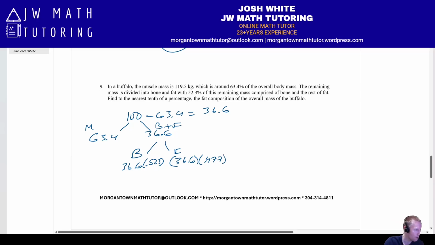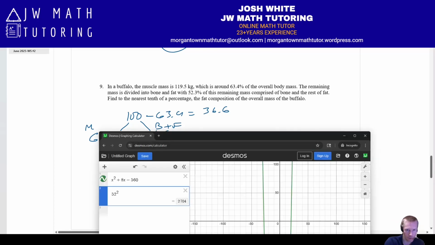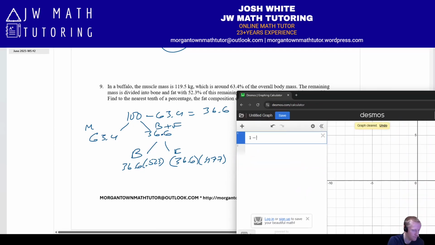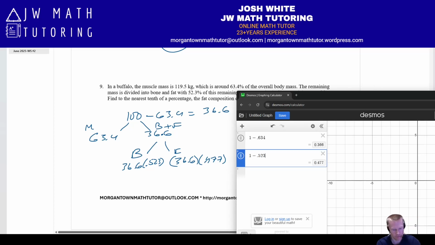Let's just go to Desmos to confirm, make sure I've got all these values correct so far. Yes, 0.366, and now 1 minus 0.523, 0.477. Okay.